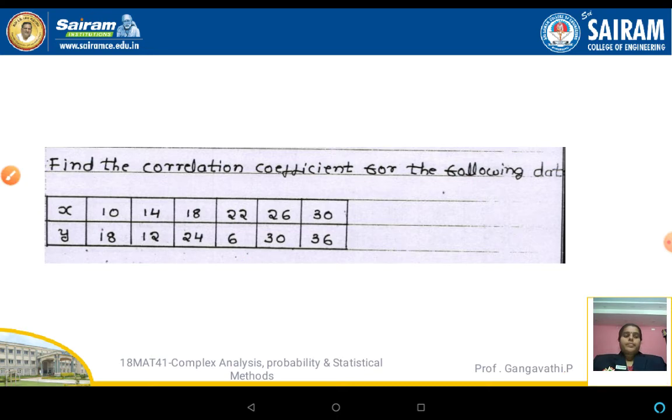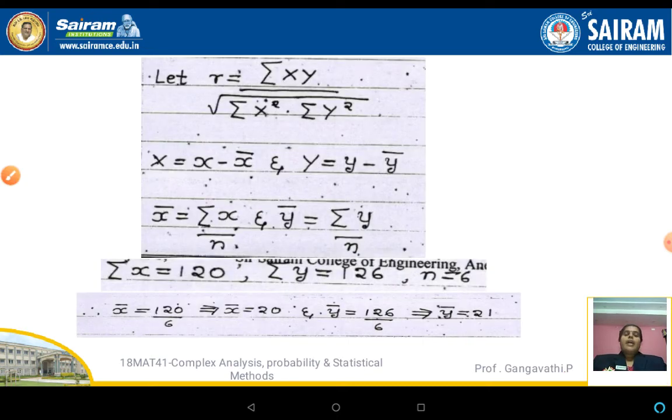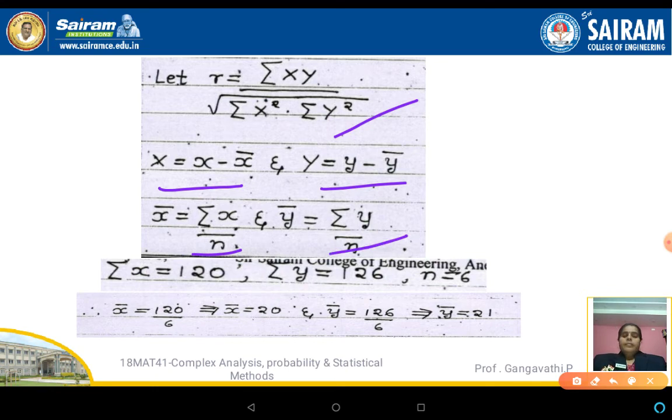The formula is summation XY divided by square root of summation X square into summation Y square. Capital X is x minus x bar, capital Y is y minus y bar, and x bar is given by this formula and y bar by this. Summation x is 120, summation y is 126, and n is equal to 6. Therefore we get x bar is equal to 20 and y bar is equal to 21.